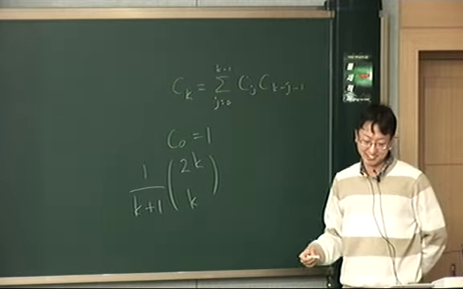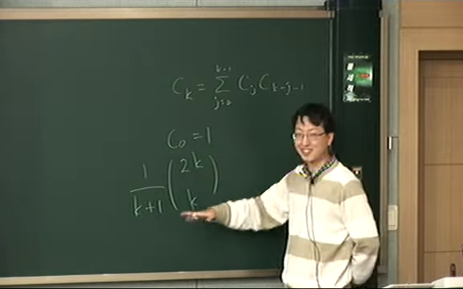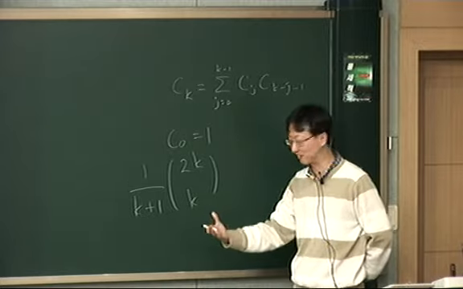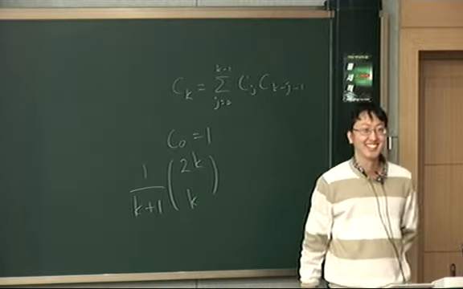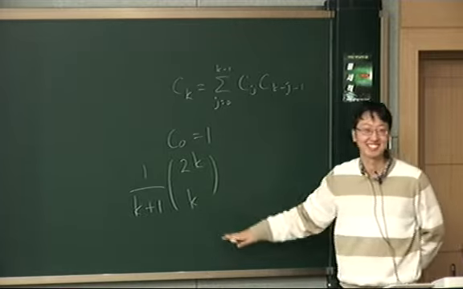So when I was studying for the Olympiads, I knew there was a very well-known problem like this: 2k choose k is a multiple of k plus 1. And you could prove it by using this Catalan number, because this is always an integer.